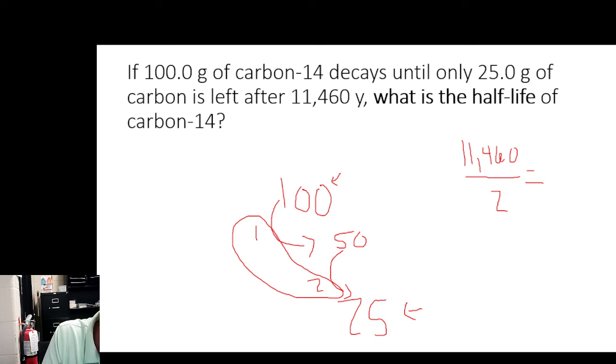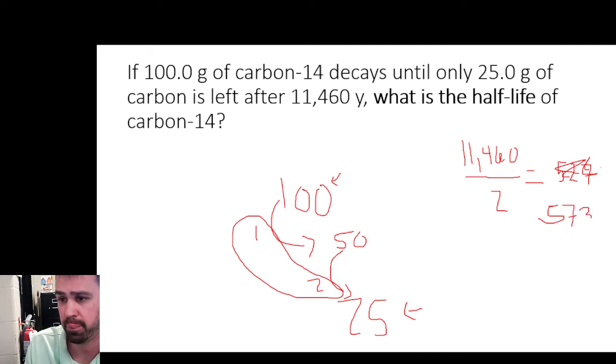So 11,460 divided by 2. That means each half-life is 5,270. Oh, sorry, that's wrong. 5,730. Just read my calculator wrong.